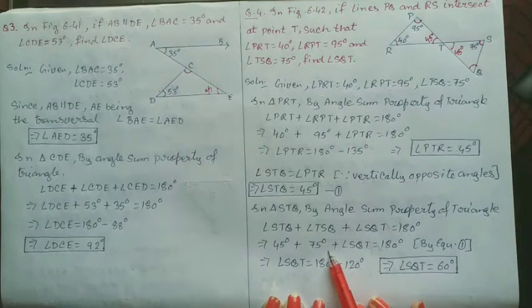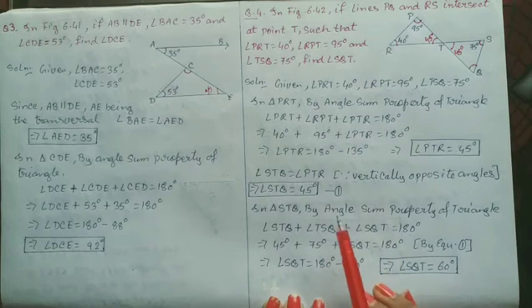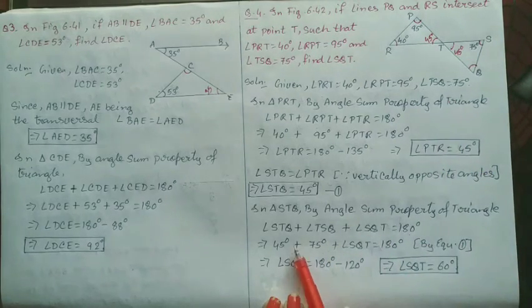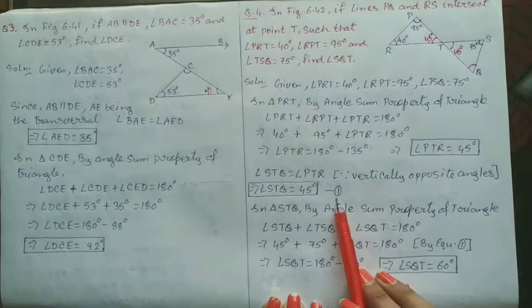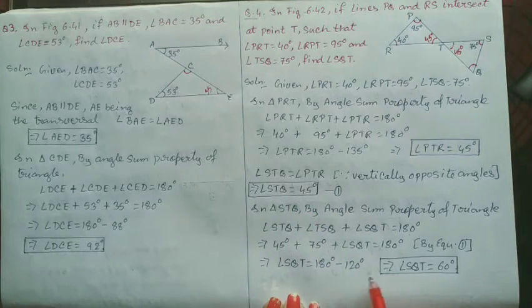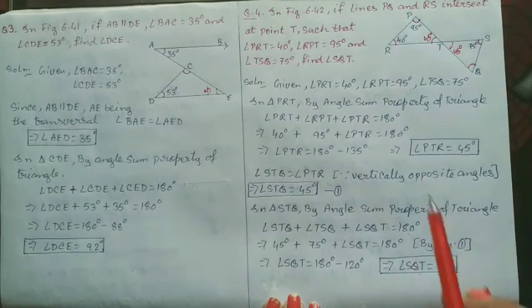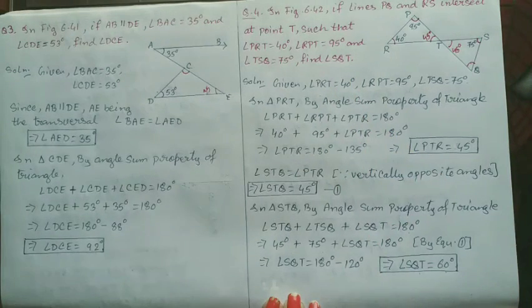Put the values that we have got. This is 75 as it is already given, and this is 45 because of equation 1. So ultimately we will solve for SQT and we will get the answer as angle SQT is 60 degrees. They have asked for angle SQT. So that's the end of question number 4.